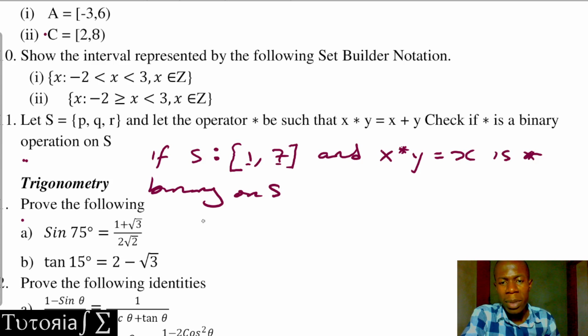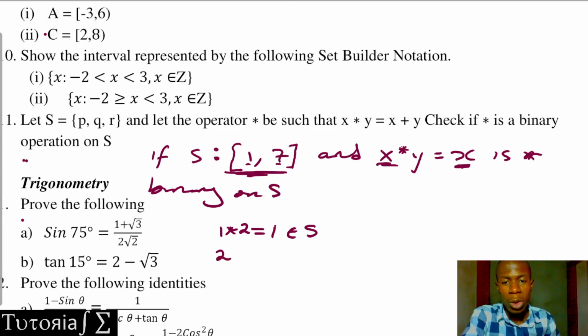We can pick 1 star any number in this set. So maybe 2, we can say 1 star 2. The product is only the x part, so this will equal 1, and 1 is an element of this set, so we have 1, which is an element of S. We need to try all the numbers.